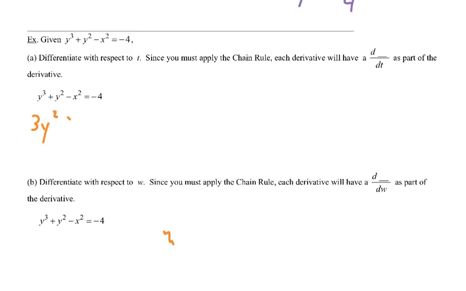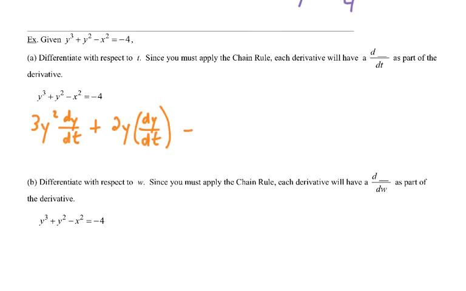So that's where the dy dt comes in, because I am taking the derivative of y here with respect to t. Then I would add 2y, and again, because I took the derivative of y, I would say dy dt. Everything is a chain rule because we're treating the inside of the function as this variable. That's the idea.